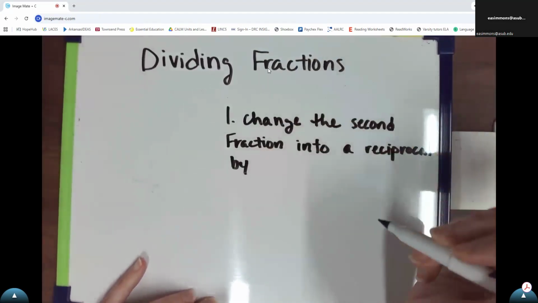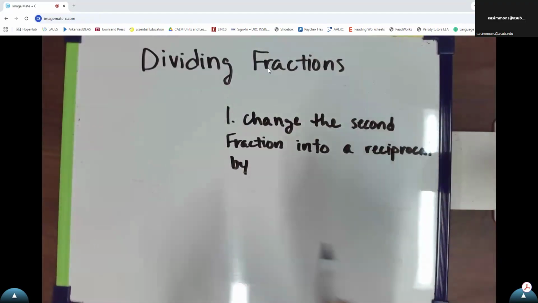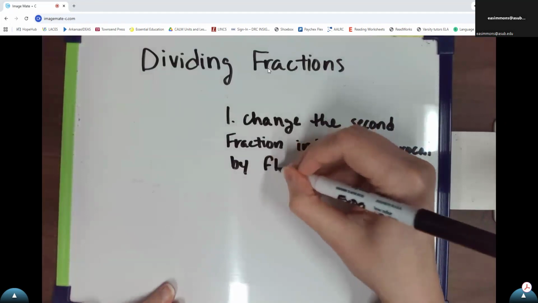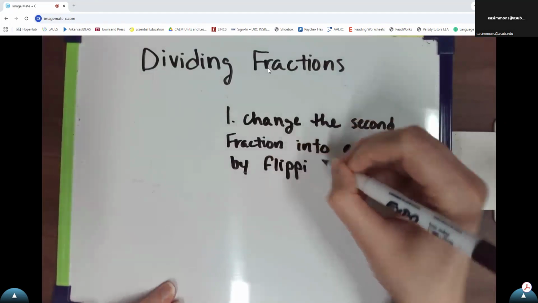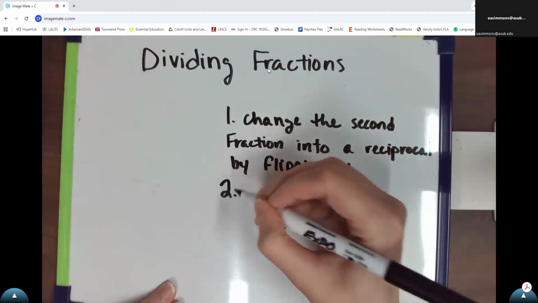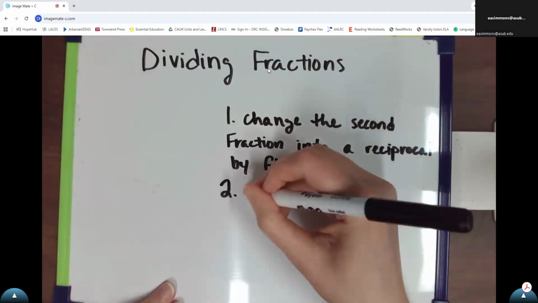And a reciprocal, really for today, we're just going to say that means a flipped fraction. That means we've put our denominator over our numerator. Then our second step, we're going to multiply the fractions.